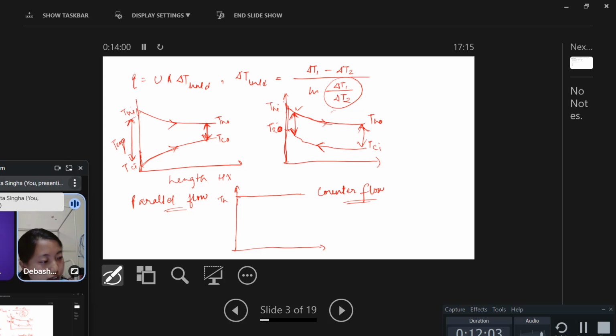So that latent heat is used by the cold fluid, Tci to Tco. The cold fluid takes up the latent heat and then its temperature increases.